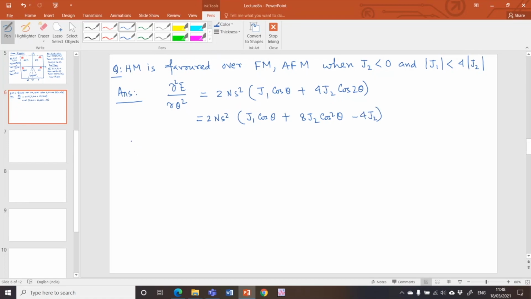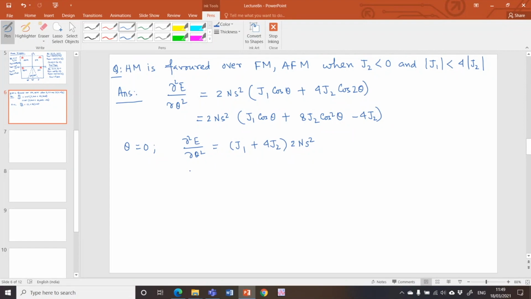Now if we have theta equals 0, then our del 2E del theta 2 will be (J1 plus 4J2) times 2n S square. Now if this has to be stable, sir, in the second line it should be plus 4J2.